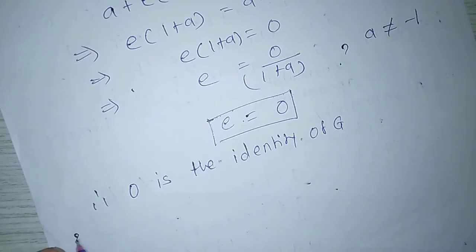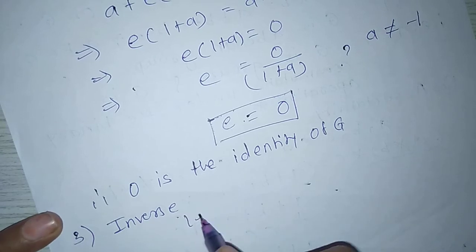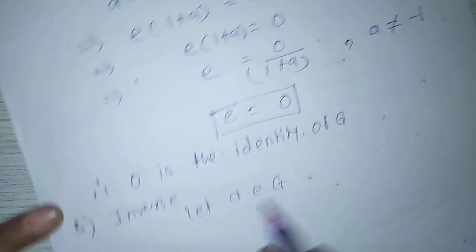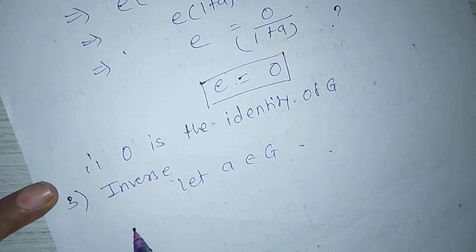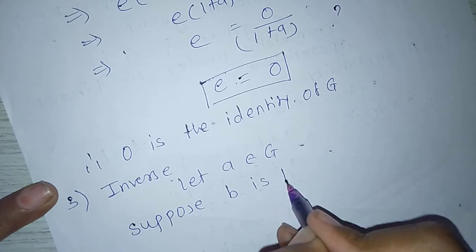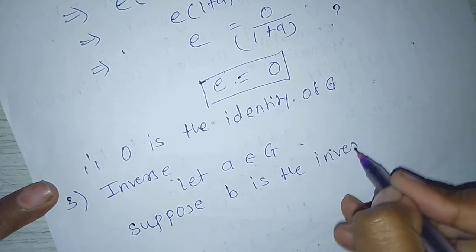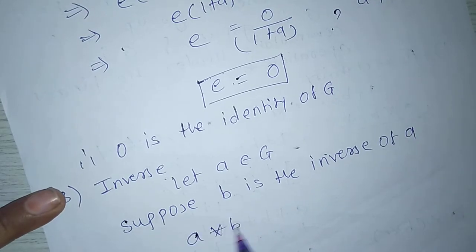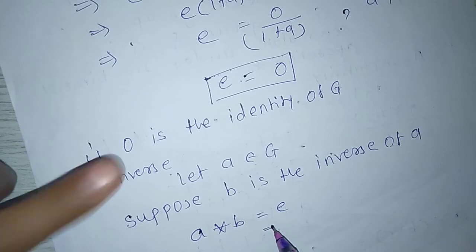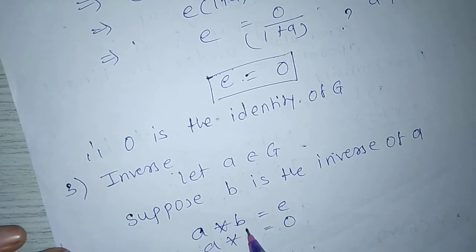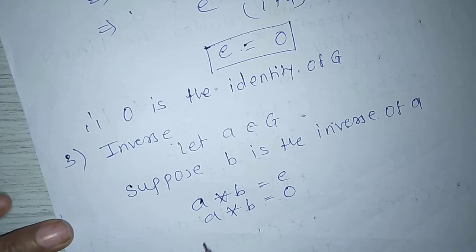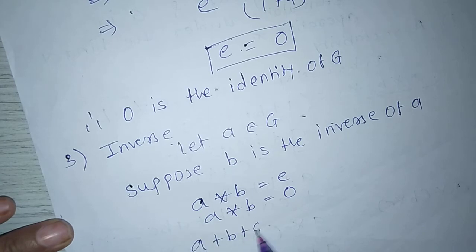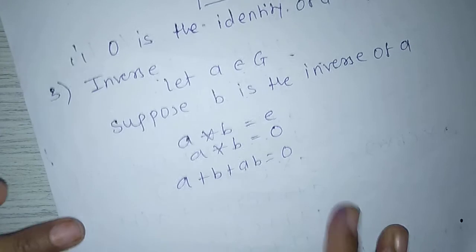Next, inverse. Let A belong to G. Suppose B is the inverse of A such that A * B = E. Here E is nothing but 0. By the definition of star, we get A + B + AB = 0.